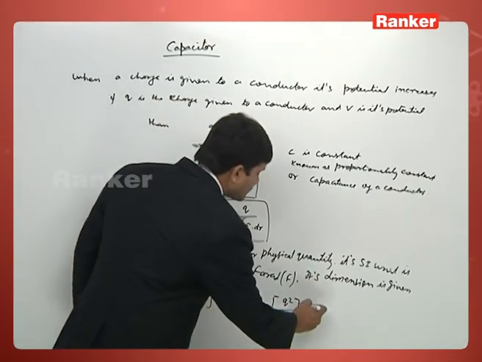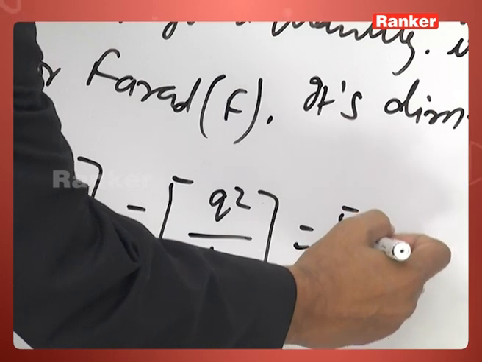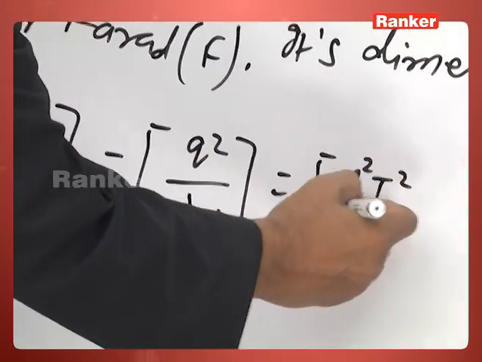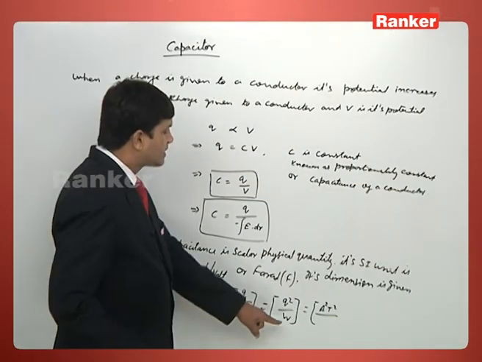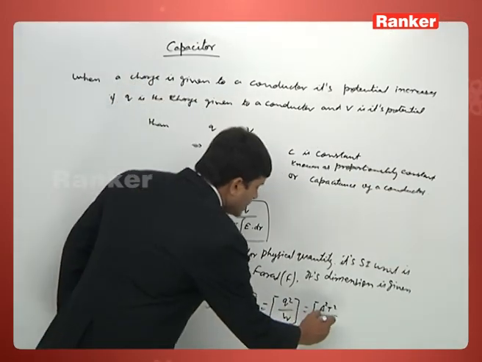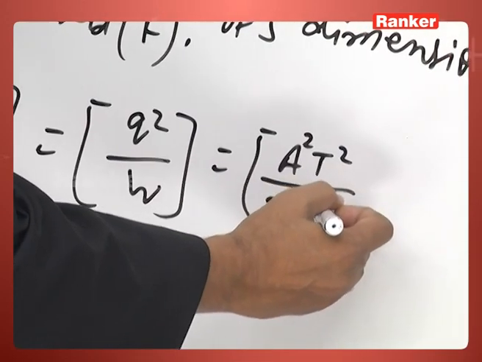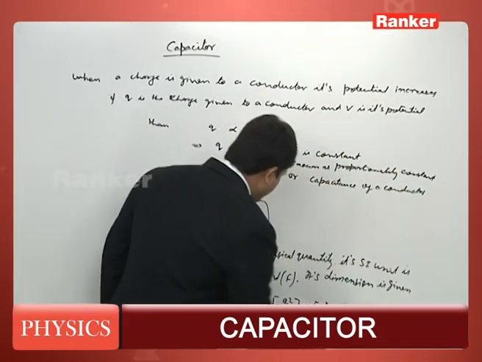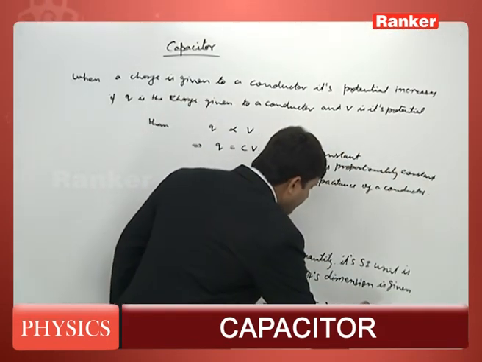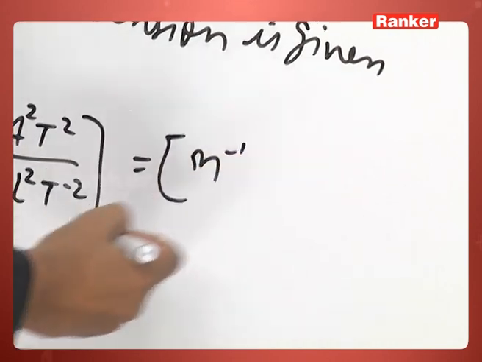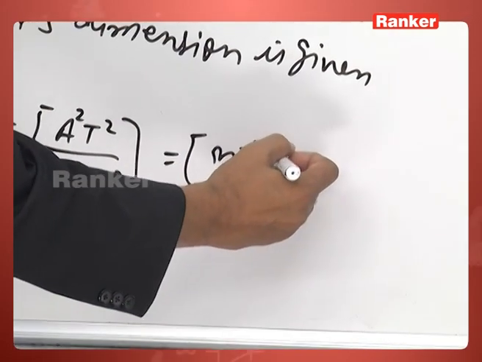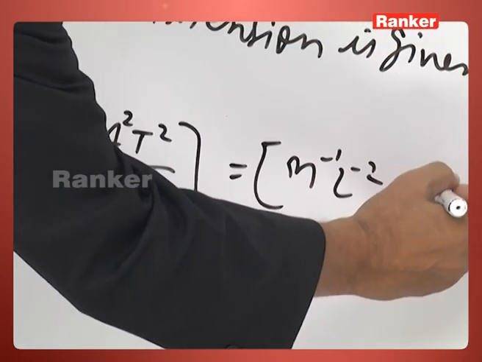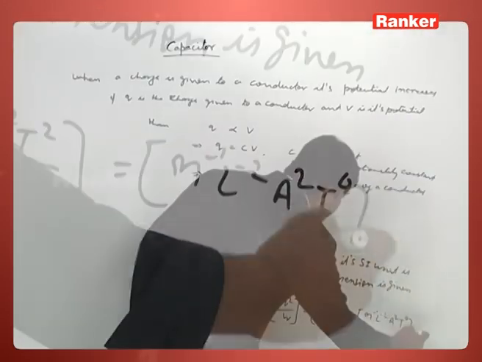Dimension of charge is A T, so Q square becomes A square T square, and the dimension of work done is M L square T minus 2. So finally, the dimension of capacitance is written as M minus 1, L minus 2, A square and T to the power 4.